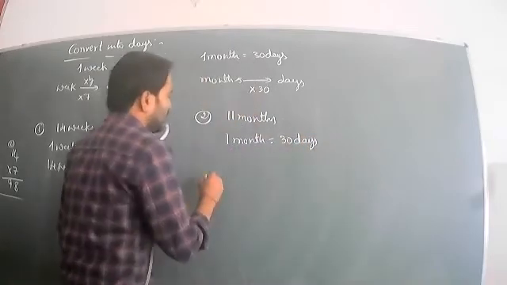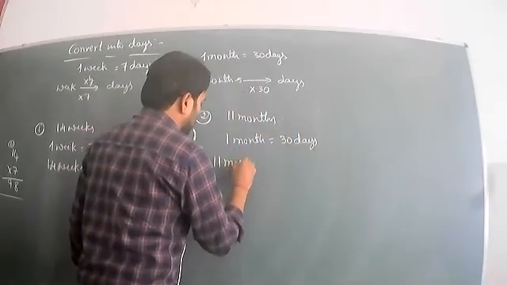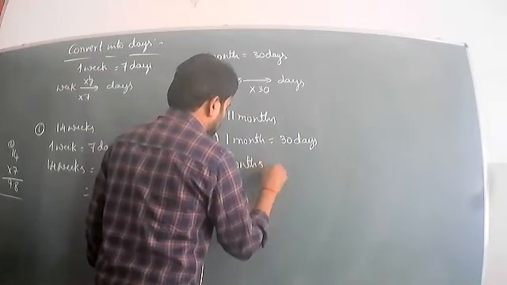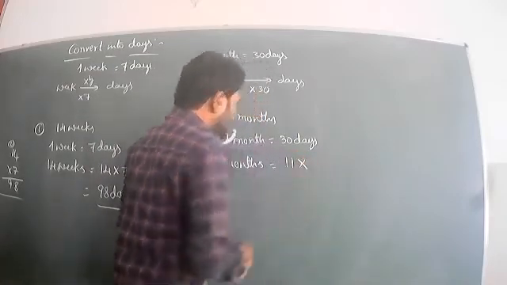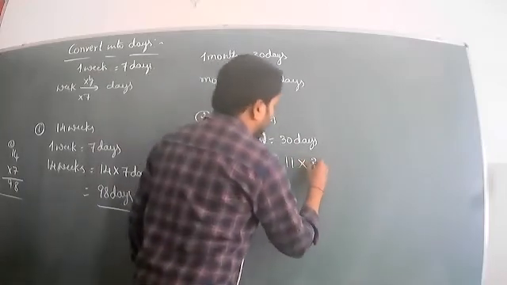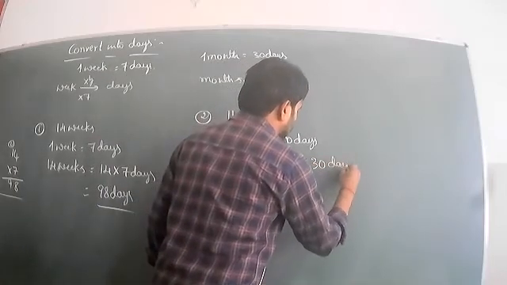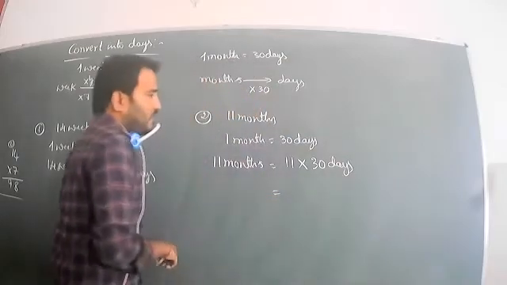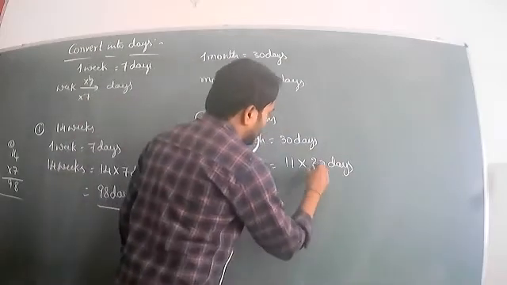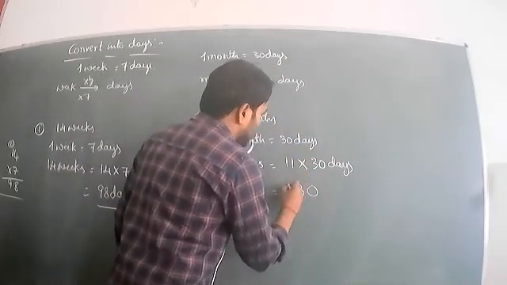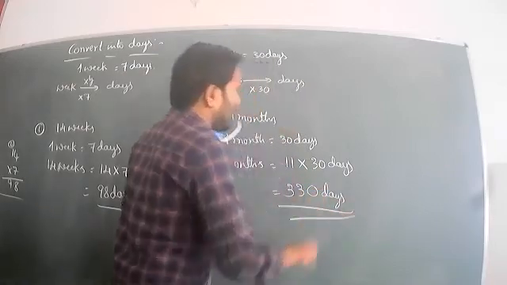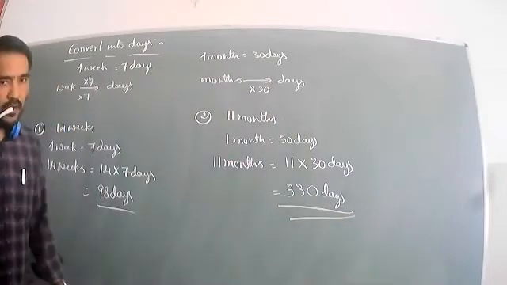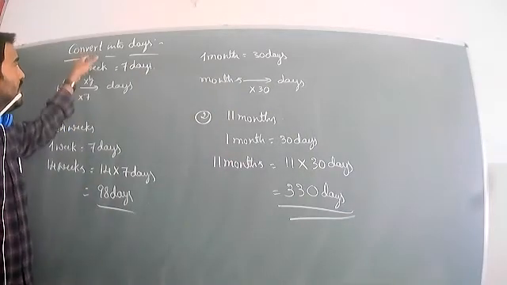So let us find out 11 months. 11 months equal to number of months into number of days. So 11 into 30, 0, 3 ones are 3, 3 ones are 3, so 330 days. This is the answer.